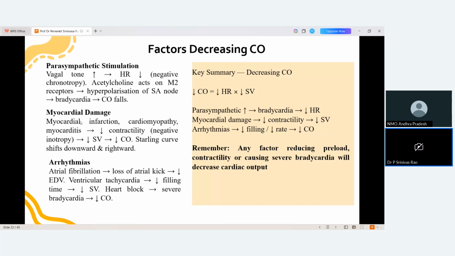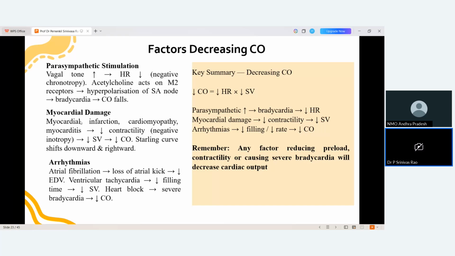But once it crosses 120, it will not have time to fill because the diastole is very, very short. So there is a decrease in the preload because there is a decrease in the venous return. So the stroke volume will reduce.